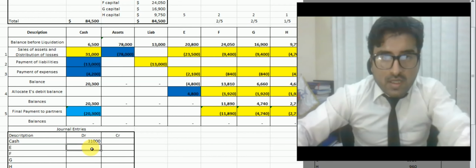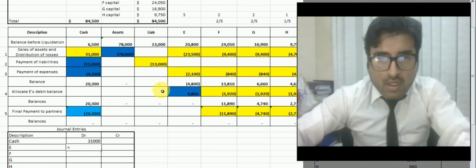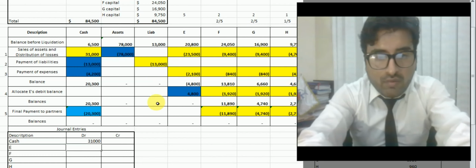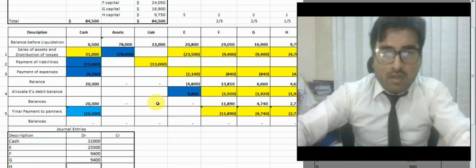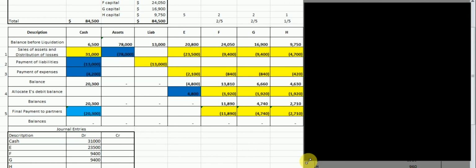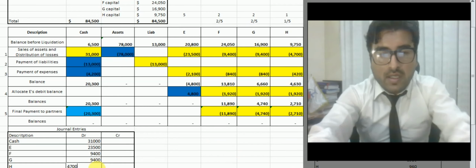So how much E debited? So equal sign E debited for 23,500, F 9,400, G 9,400, and how much do we have here? 4,700 H, okay.